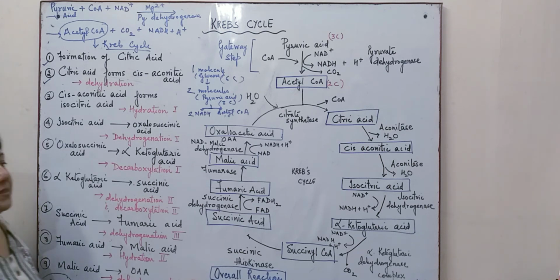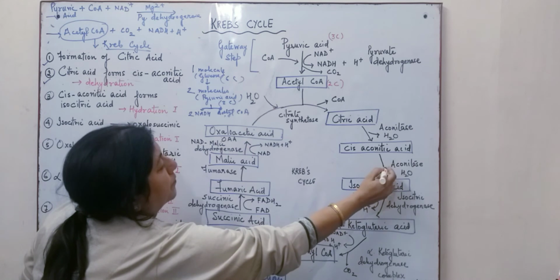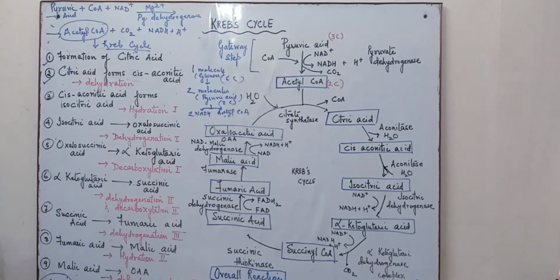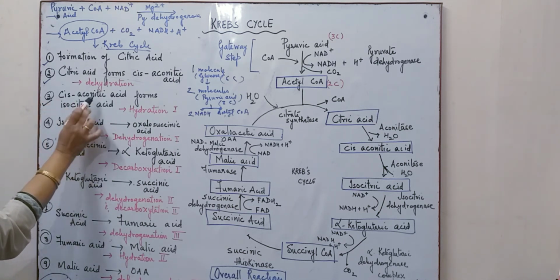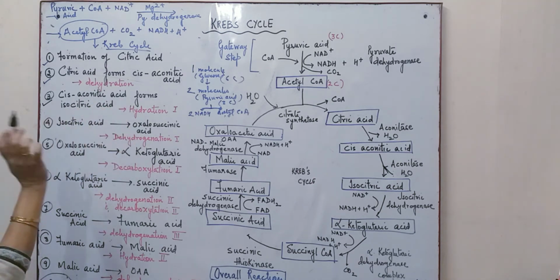We will put it as addition, that is hydration of the molecule. So here it is the hydration of the molecule, and this is the first hydration where a water molecule is added, and it also takes place in the presence of the enzyme aconitase, due to which the isocitric acid is formed. Both are the isomeric forms of the citric acid. Now here the isocitric acid is formed after the hydration of cis-aconitic acid.